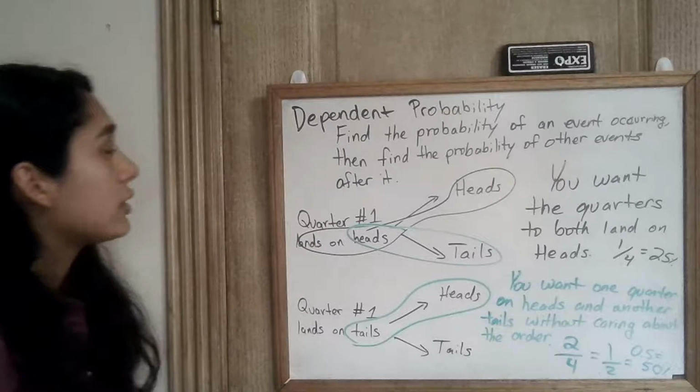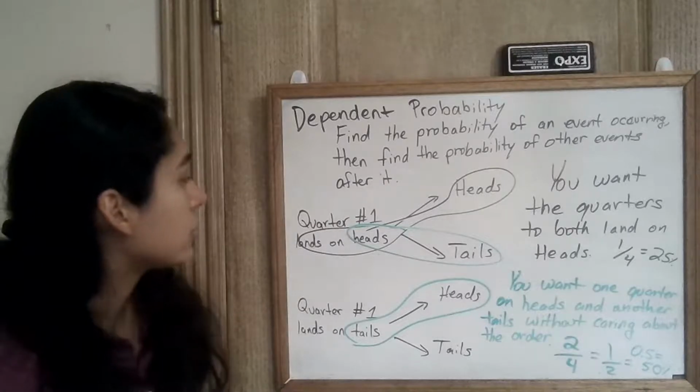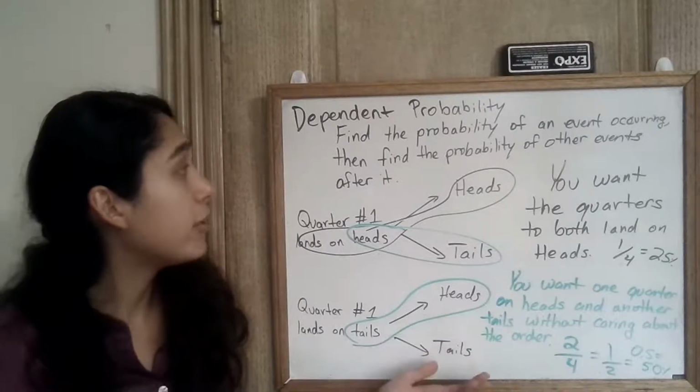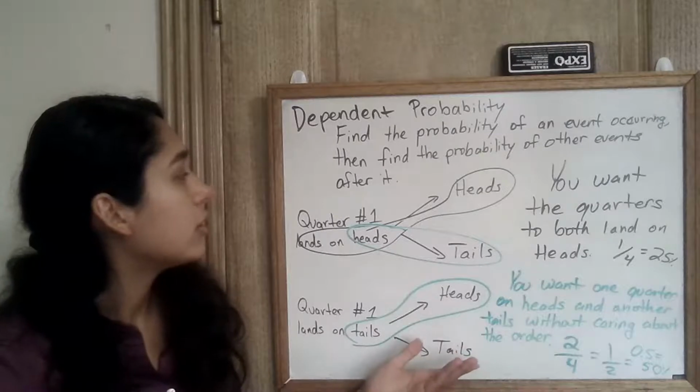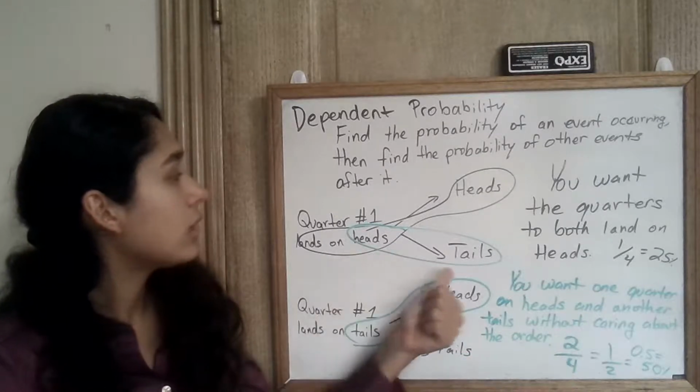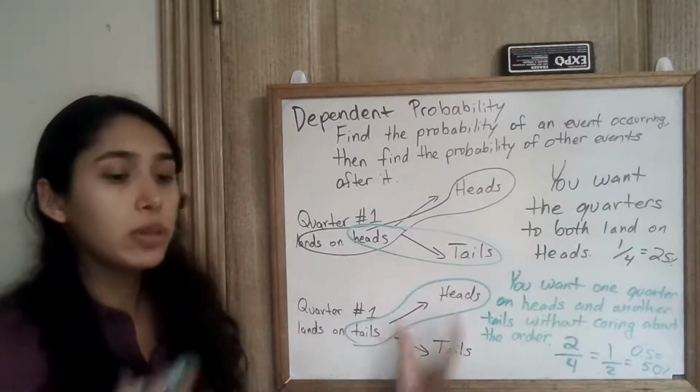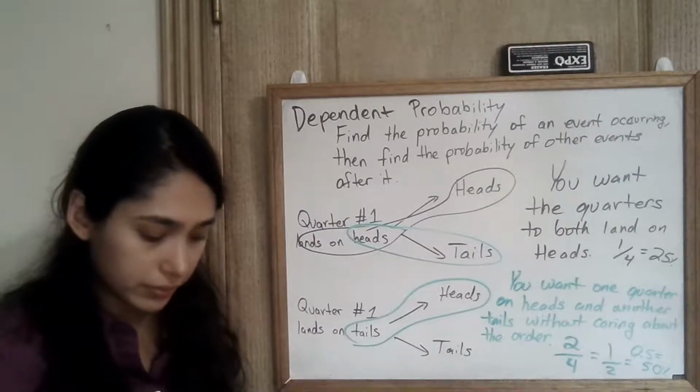So here with this type of dependent probability, we're able to see that we can calculate based on one event and another event, and then we want to find out what is the overall probability.